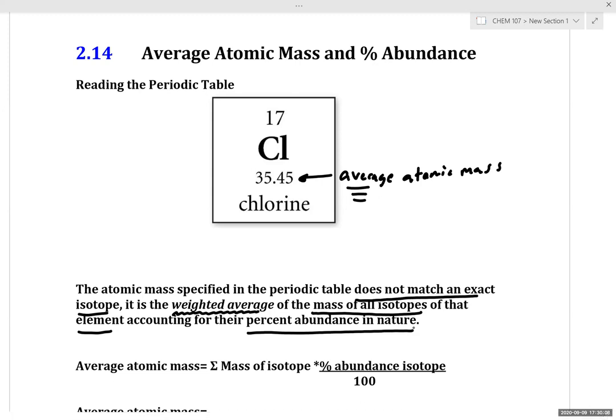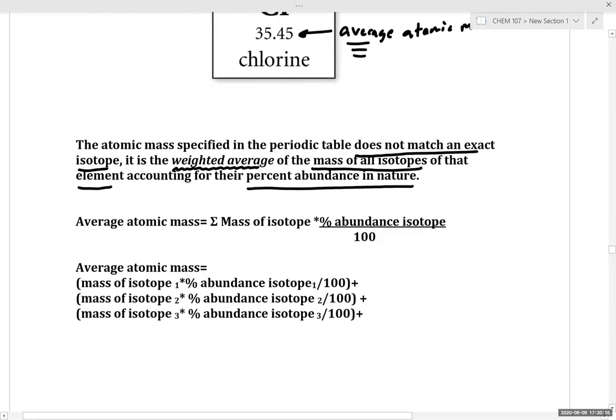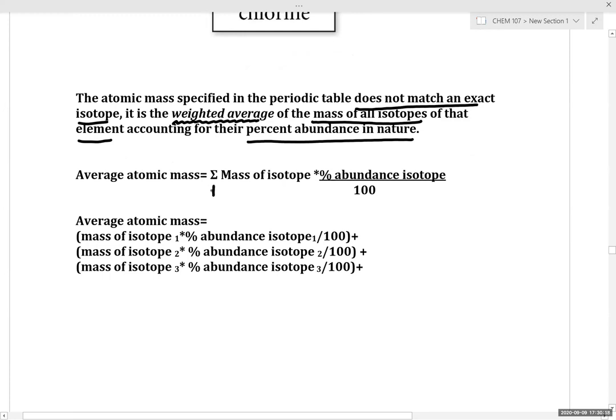The way that I like to think about it is that the average atomic mass is the sum, where you're adding up each of these quantities, of the mass of your isotope times the percent of the abundance of your isotope over 100. Written out longhand, this is probably the most comfortable equation that you'll be using for this class.